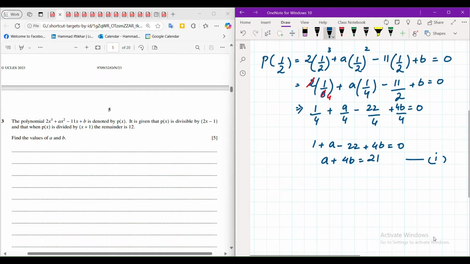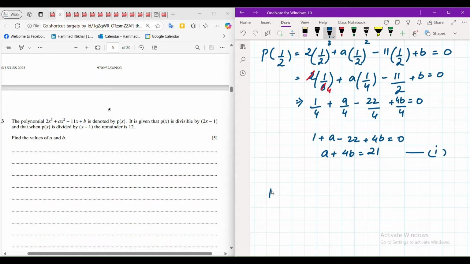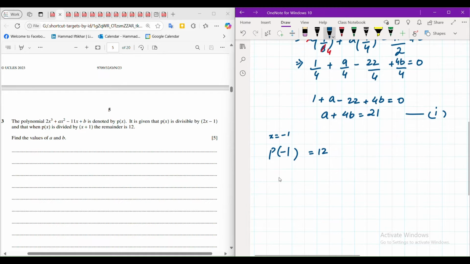Now we go with the second one. It states that when we divide p of x by x plus 1, that means when x is equal to minus 1, we will get the remainder 12 rather than 0. So let's plug it in. 12 will be equal to 2 times minus 1 cubed plus a times minus 1 squared minus 11 times minus 1 plus b.